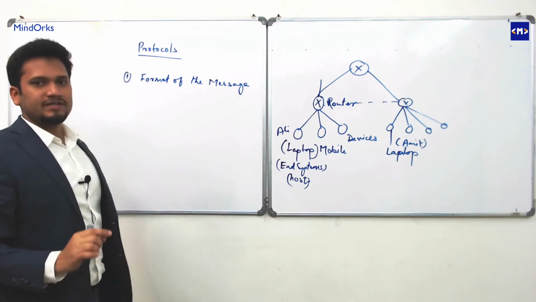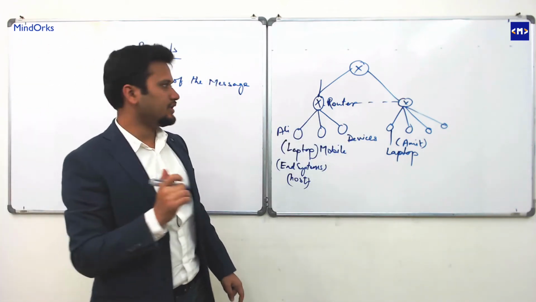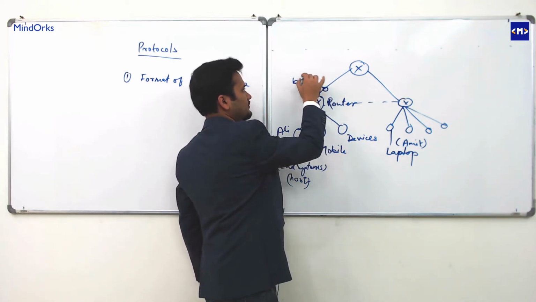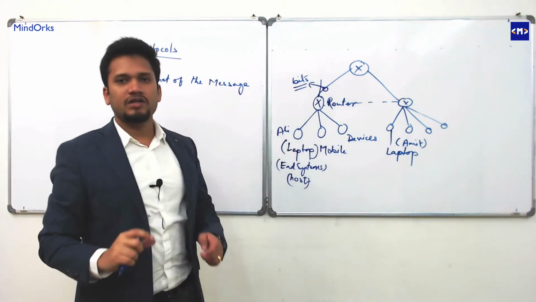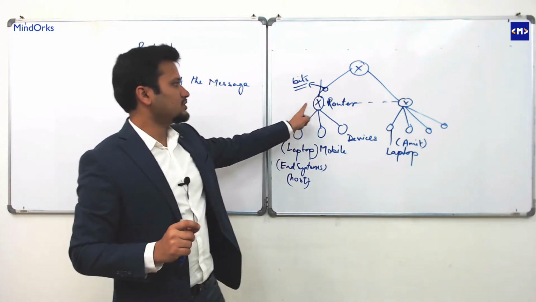When we send something on a network, we are essentially sending bits of information, like electrical pulses. We are sending zeros and ones across this network.